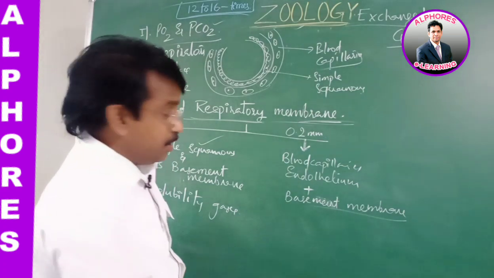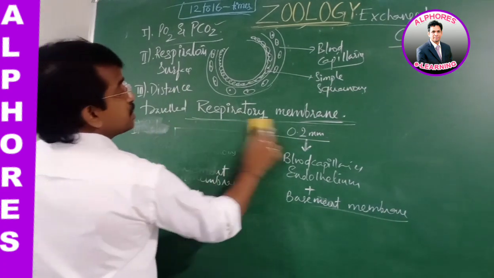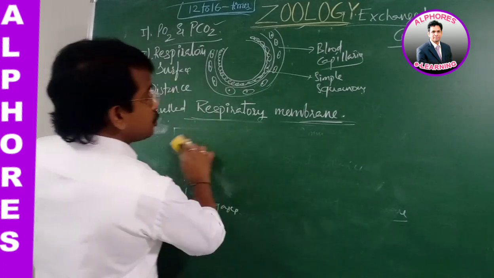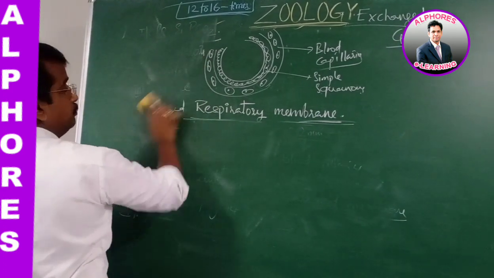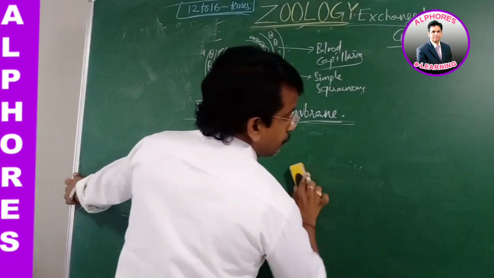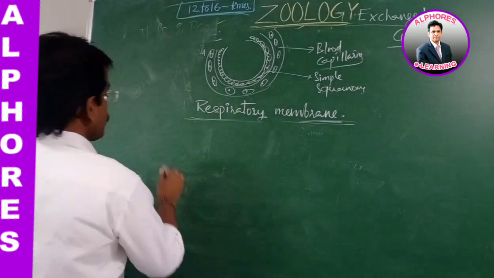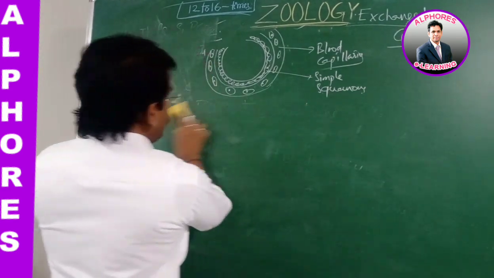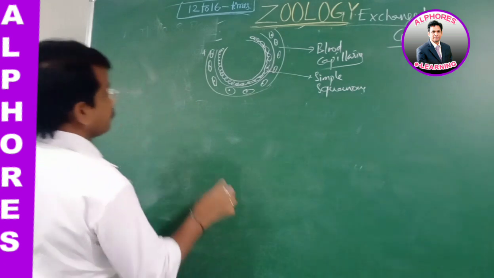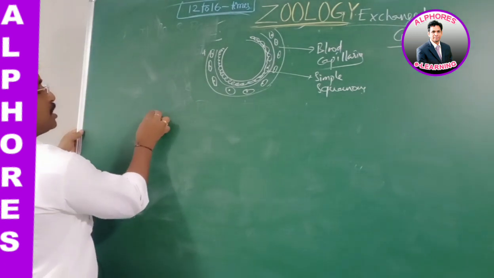Now let's see how these gases travel to different parts. That is a tabular diagram; now we'll see. Atmospheric air.